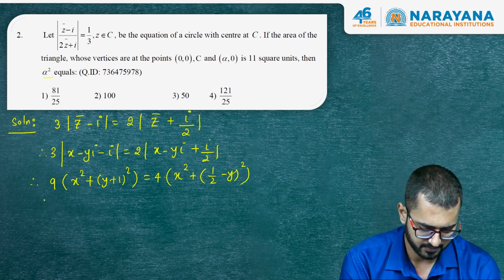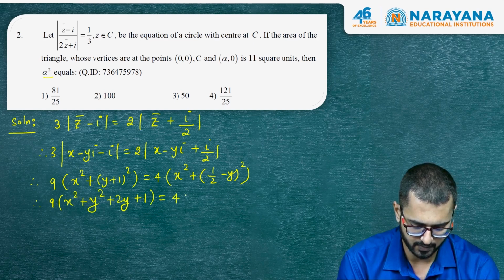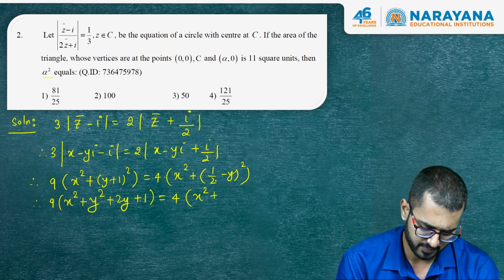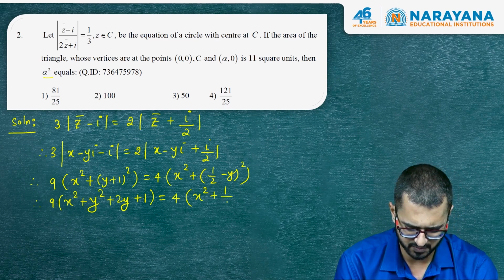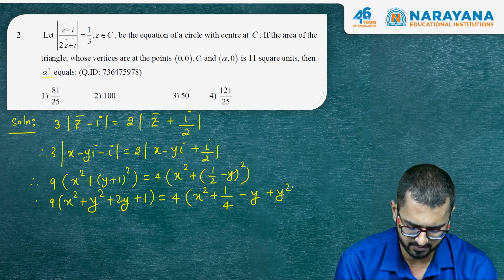Alright, now we'll simplify this further, and this gives me 9 times x square plus y square plus 2y plus 1 is equal to 4 times x square plus 1 by 4 minus y plus y square.